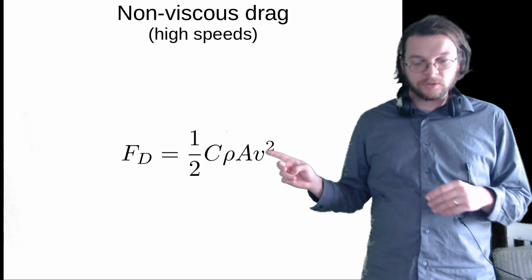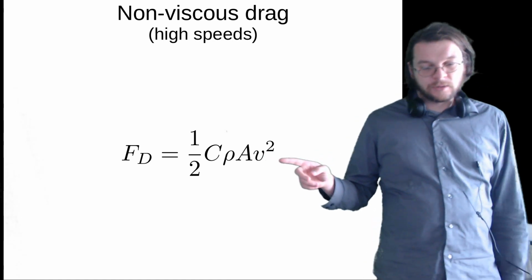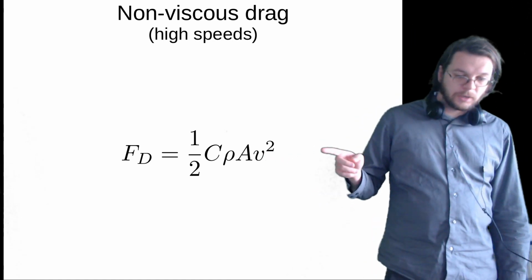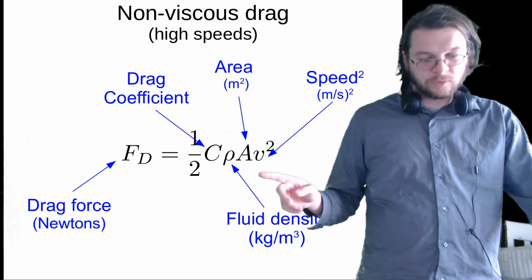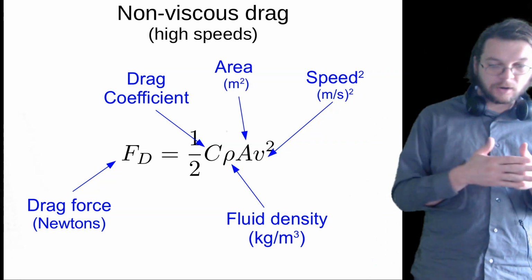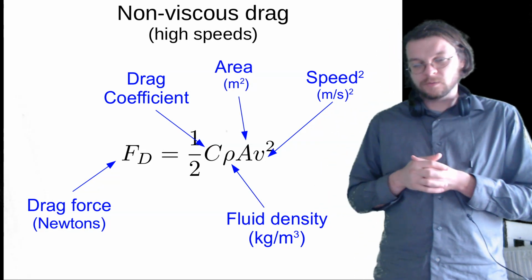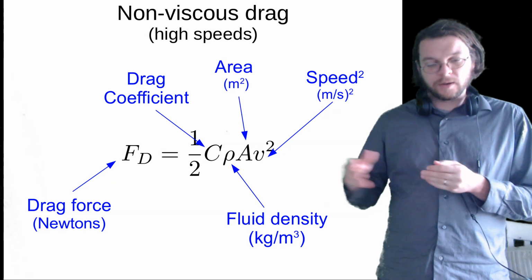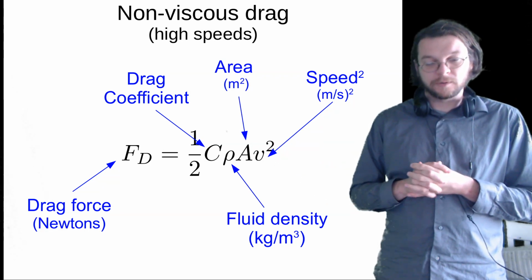But no, that's not true. It's actually most of the energy that you use up with your car is to push against this force, which comes from the fact that the faster and faster you go, the more air slams into the front of your car, and the faster that air is going.